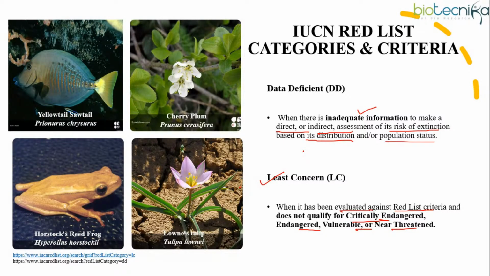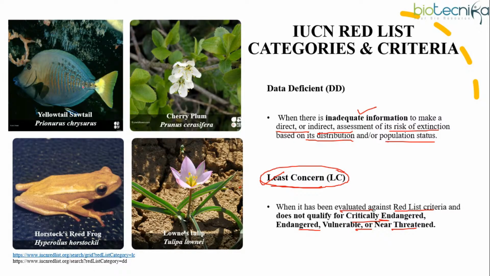But because appropriate data on abundance or distribution is lacking, we cannot make any decision on that species. However, least concern is when they do not qualify for the criteria for endangered, vulnerable, or near threatened. So the IUCN has made a separate category for such taxa, that is least concern.